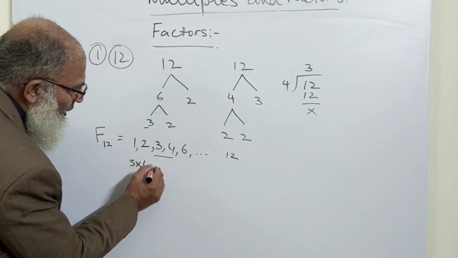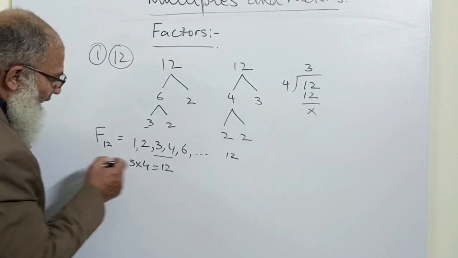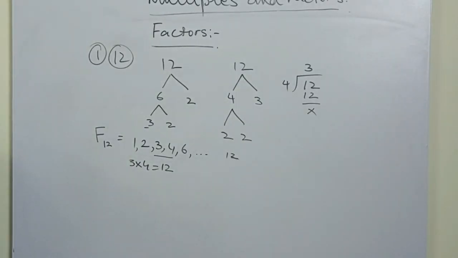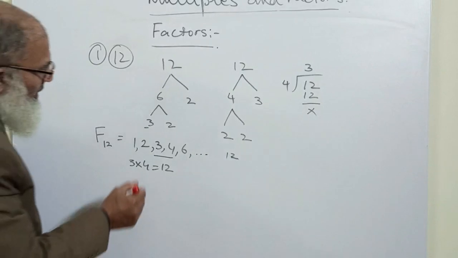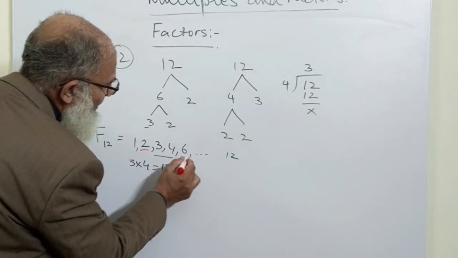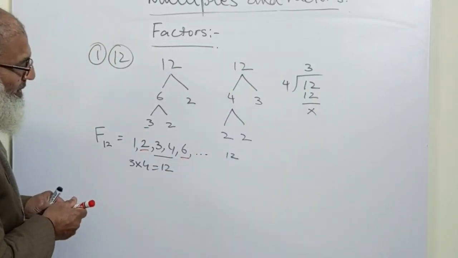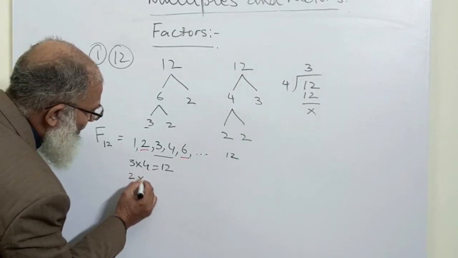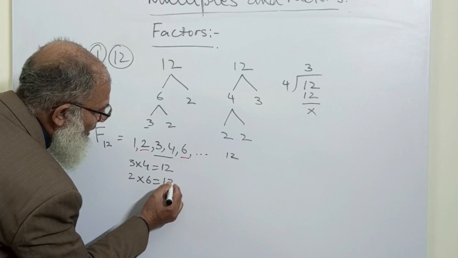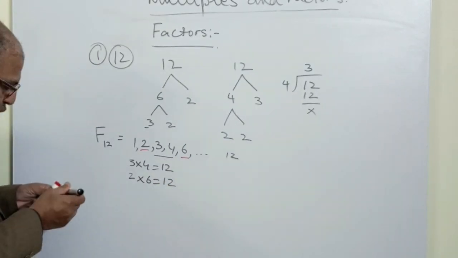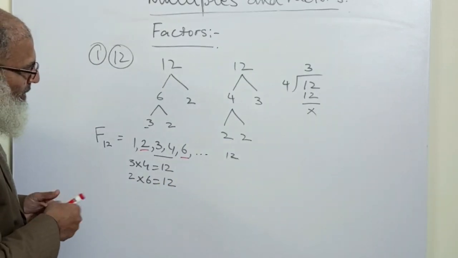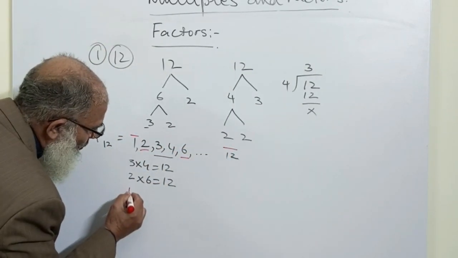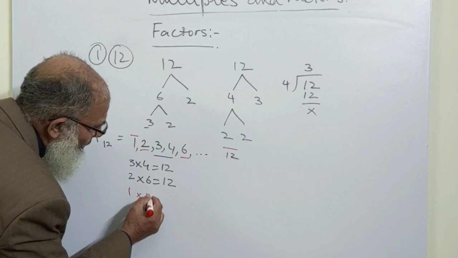3 multiplied by 4 gives us 12, and 2 multiplied by 6 again gives us 12. 2 times 6 is 12, and there is one more, 1 and 12.